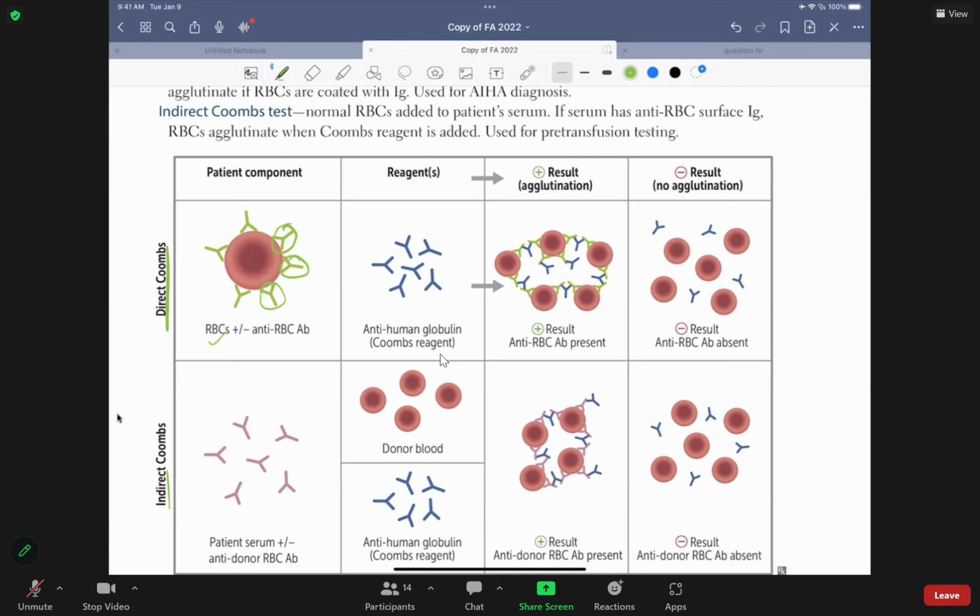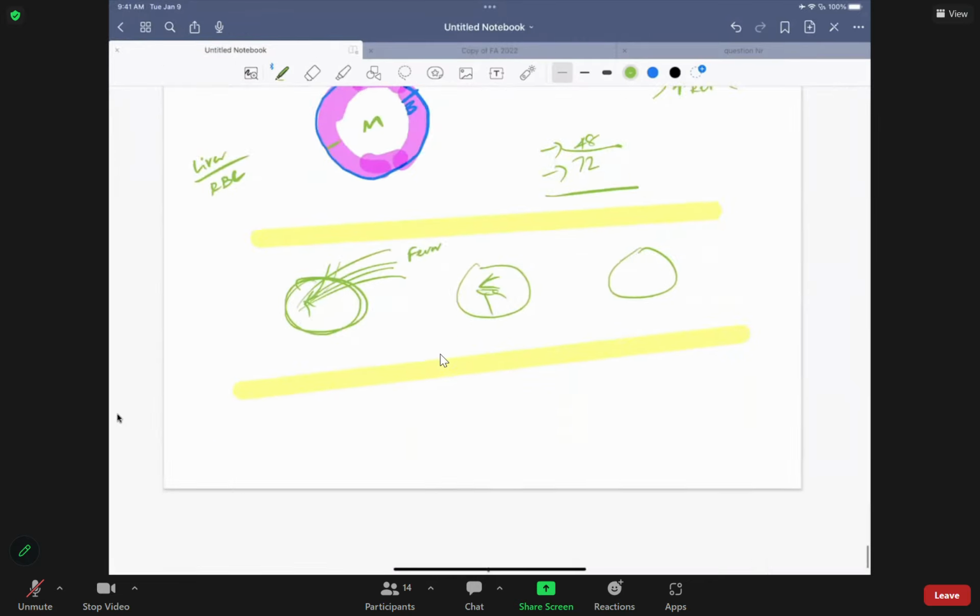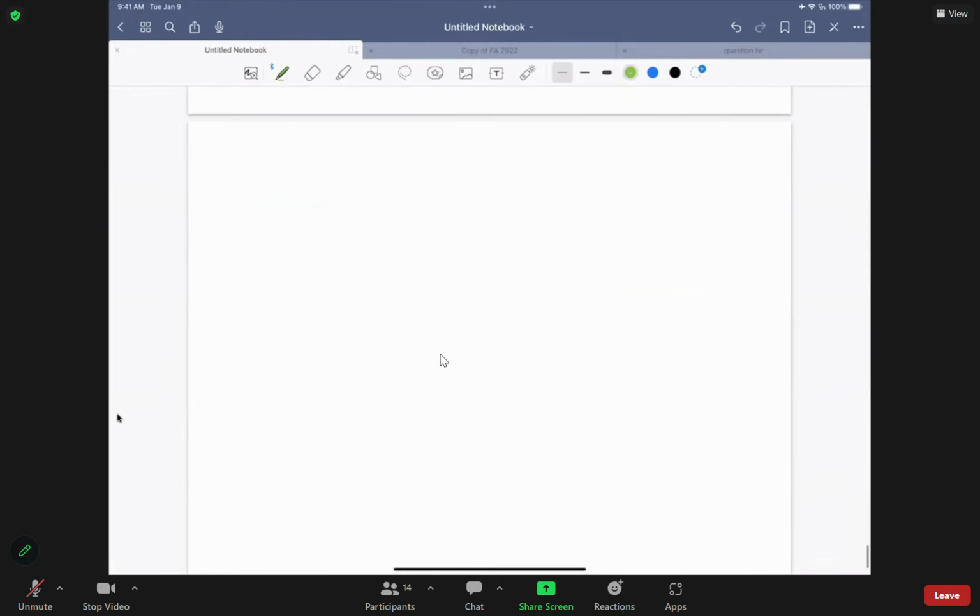So when I take the patient's red blood cell, in the lab I have to give another immunoglobulin antibody we call anti-antibodies. If I were to do this separately, let's say I have a patient A and patient B. I took both of their red blood cells. Patient B has antibody attached to it.